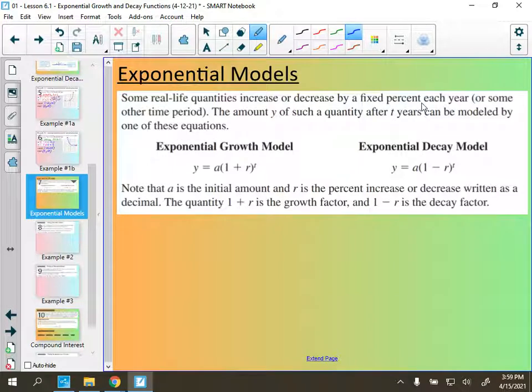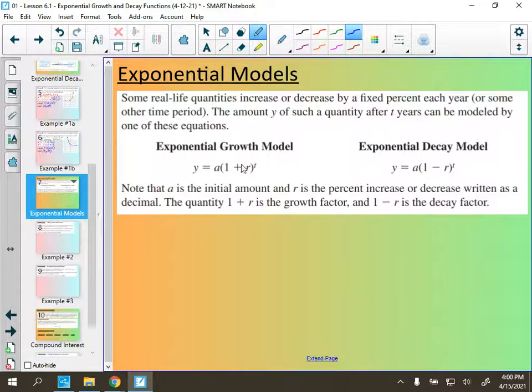Like, hey, our business is increasing our profits by 2% every year. That would be an instance where there's a fixed percent by which we're growing or decreasing. Maybe the population of a certain species of animal is declining by 5% every year. That's when we're going to use our models.